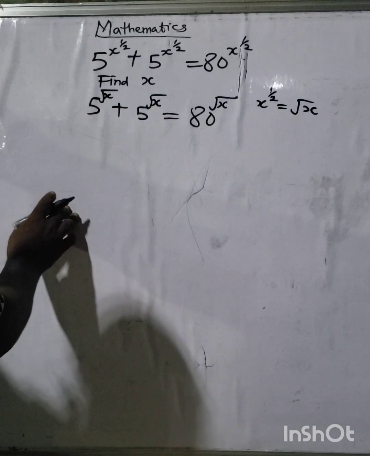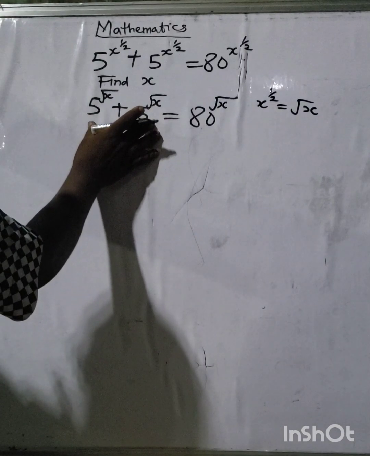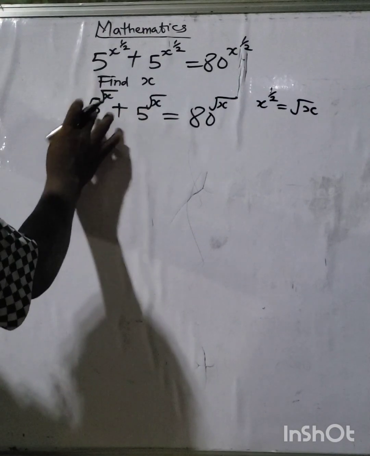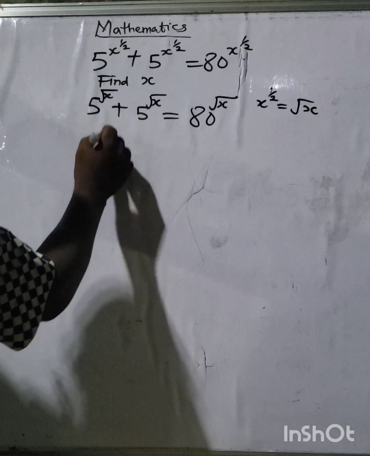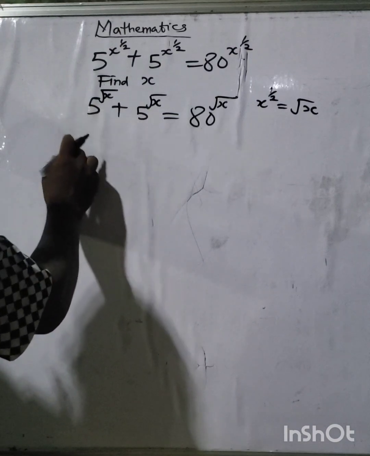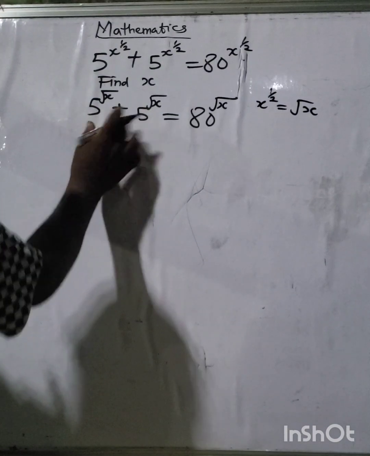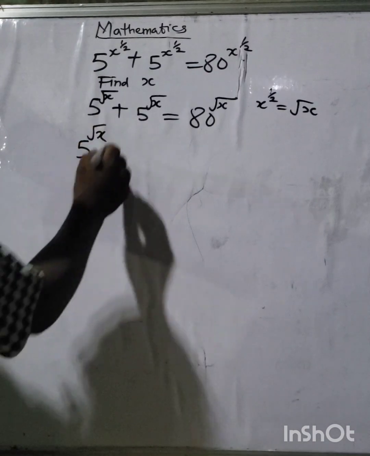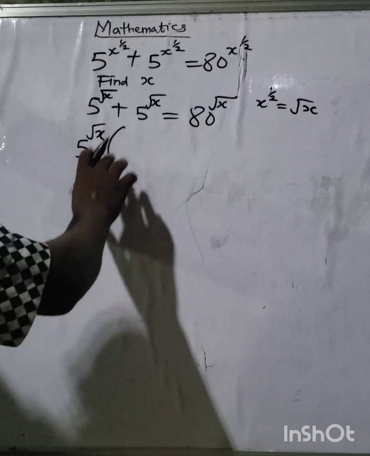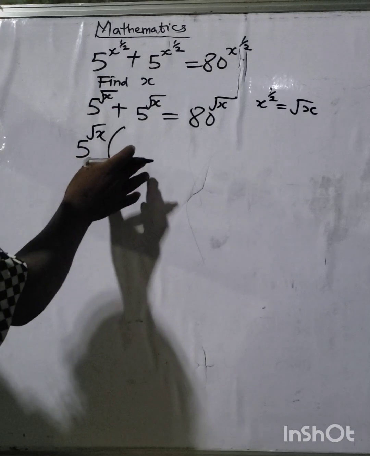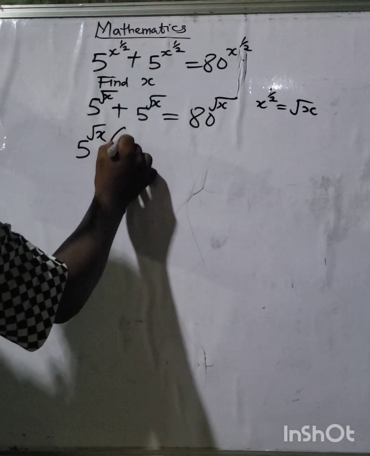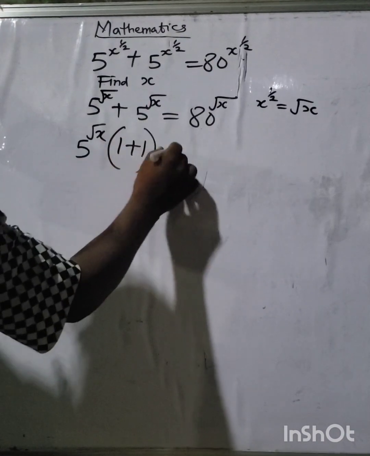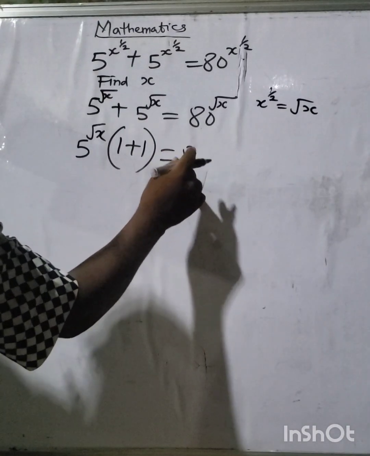In indices, when we have the same thing like this, what is common here? 5 raised to power √s is common. It means we have factored this out. It remains 1 plus 1 equal to 80.